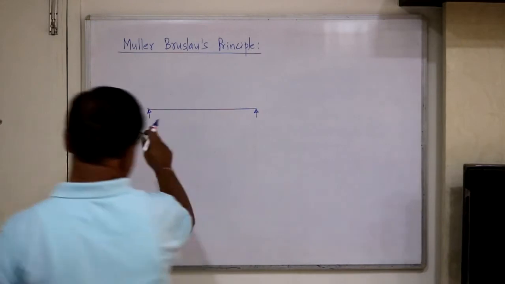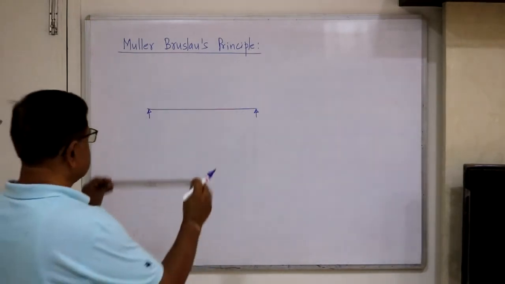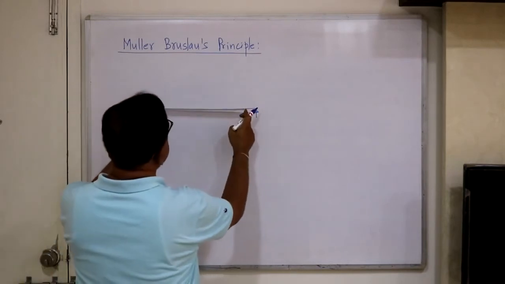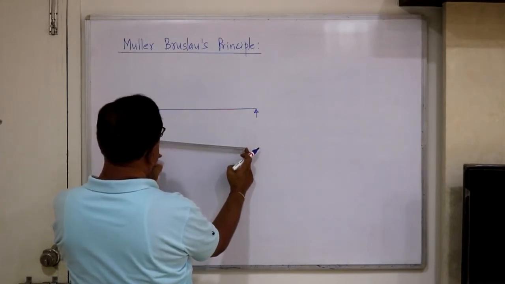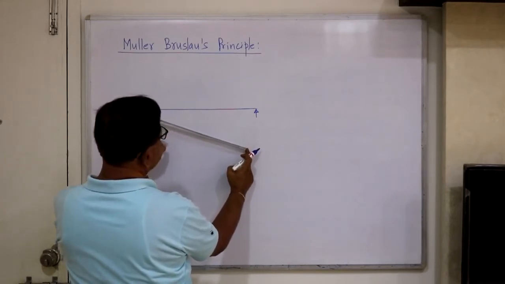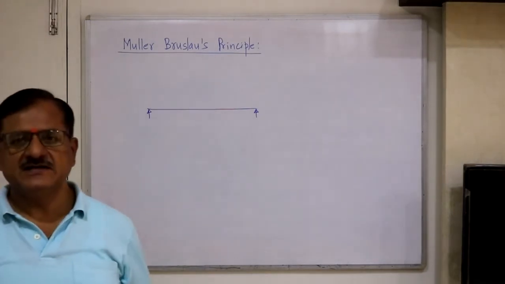Suppose a simply supported rigid bar supported at two ends, like this scale. Say it is simply supported. If I lift the end A through unit displacement without disturbing end B, then whatever the deflected shape is, that is the ILD.